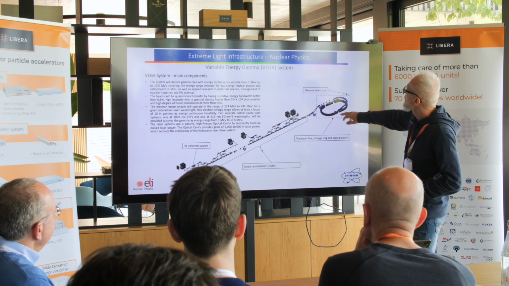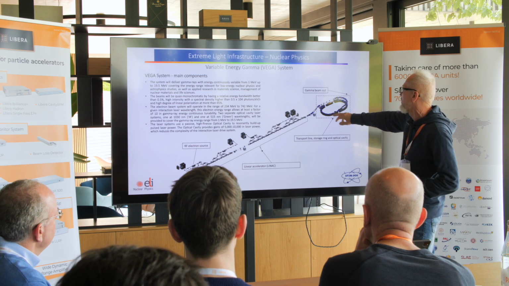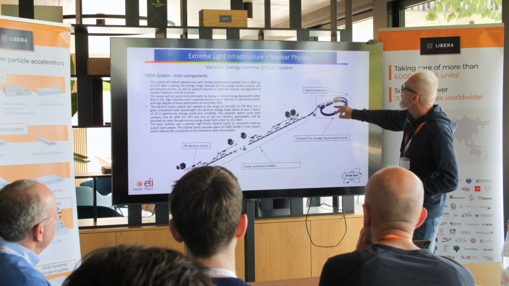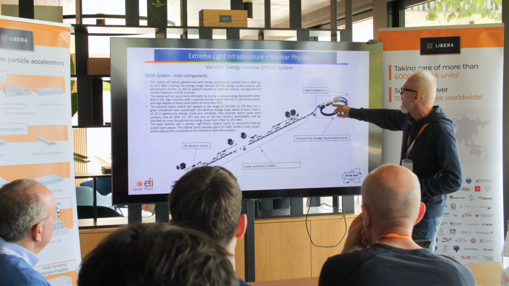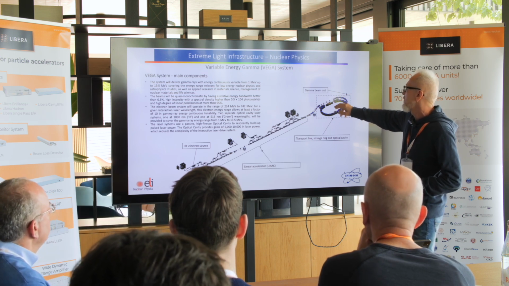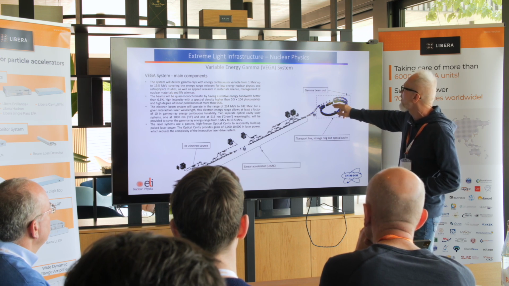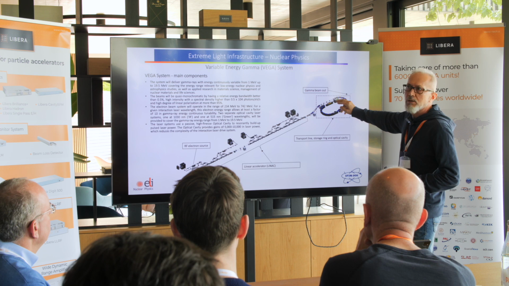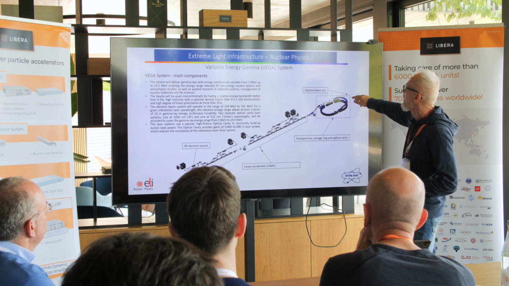Following the injection point, the electron beam will be charged in a storage ring. In this storage ring, there is an optical cavity where we have the final inverse Compton interaction between the electron beam and the high power laser, finally generating the gamma beam here.